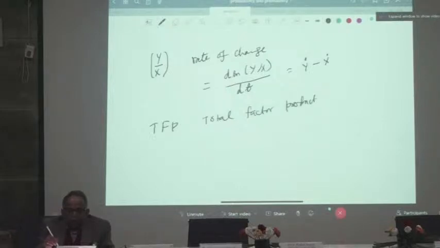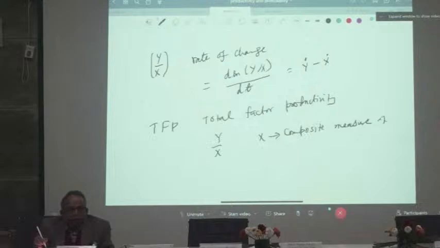So this is also defined as y over x. But what is x? x is a composite measure. You have four or five different inputs. You can define a single input by defining an index.